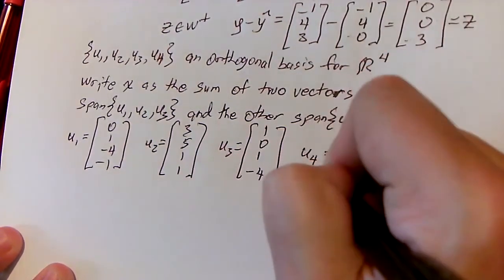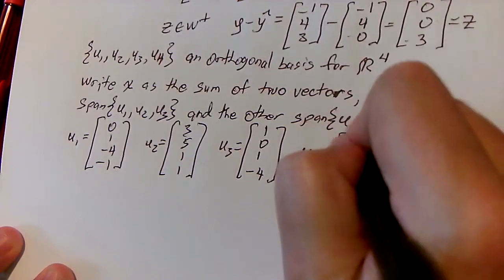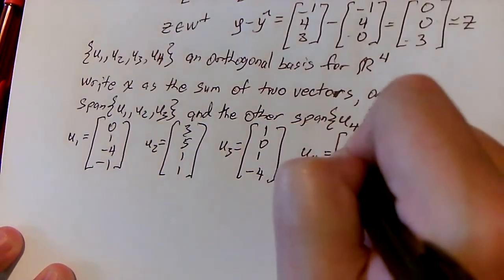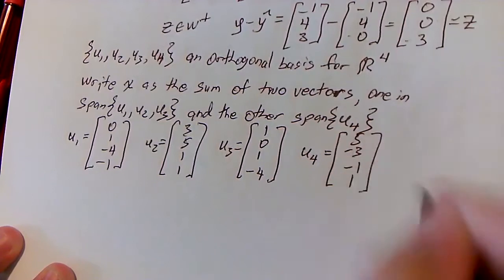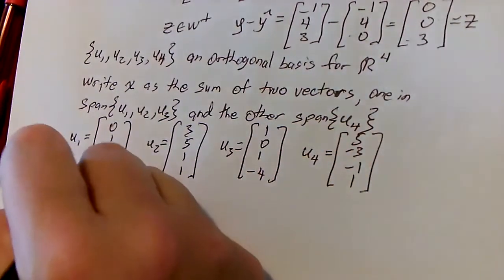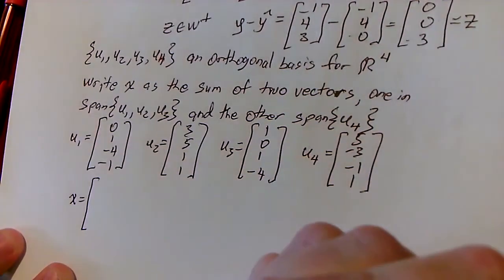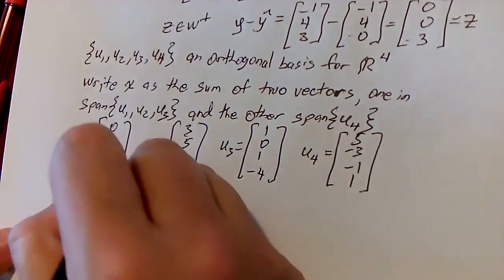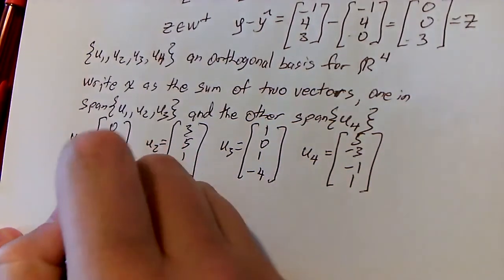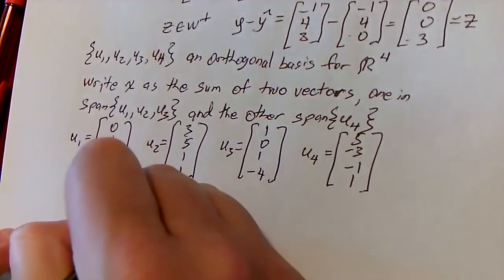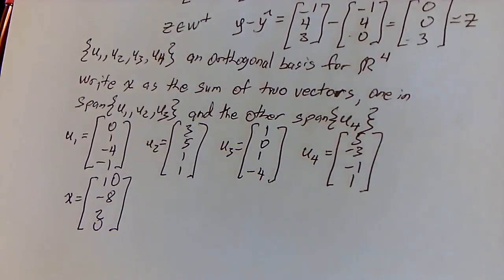U4, 5, -3, -1, and 1. Okay. My vector x that I'm interested in decomposing, notice that word there, so it hints at what theorem we're going to use. Use the decomposition theorem. My vector x is going to be 10, -8, 2, and 0.